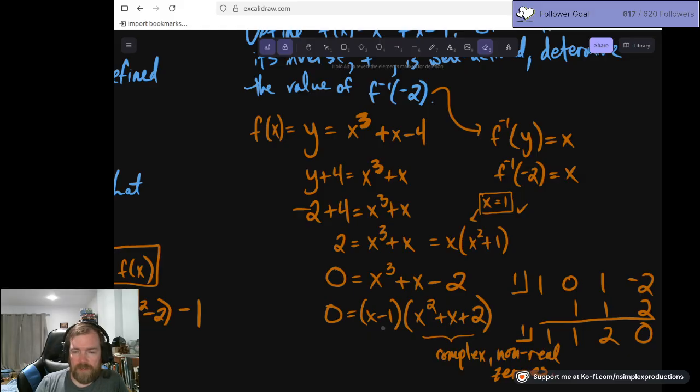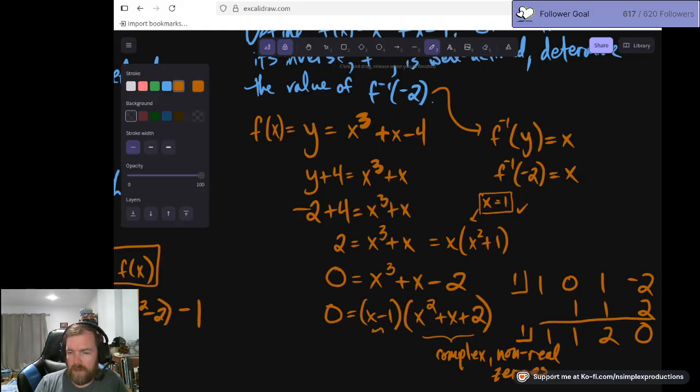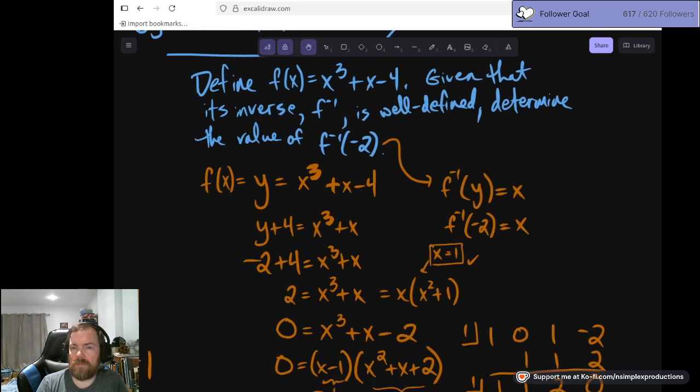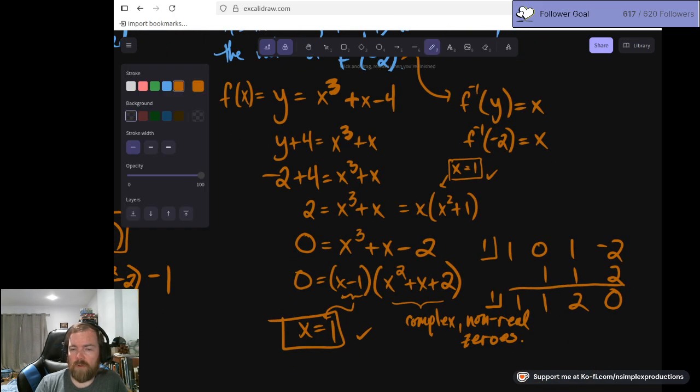Alright, complex non-real. So that's the wrong button. This one is then going to get us that x is equal to 1. So therefore, I guess we could go this way.